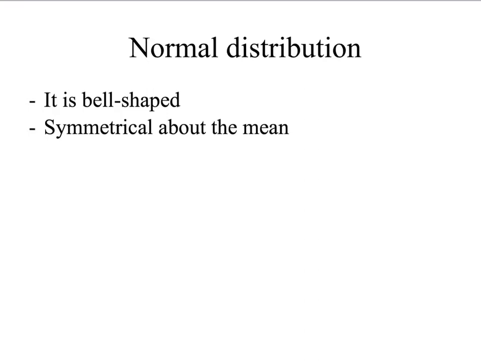So, key features of the normal distribution. First, it is bell-shaped. Second, it's symmetrical about the mean.